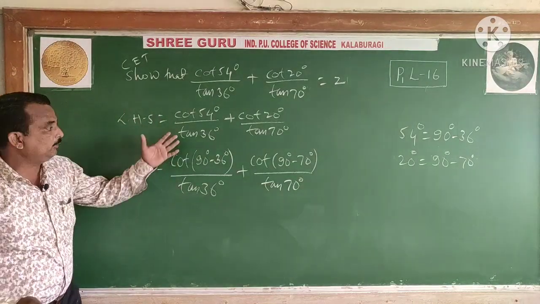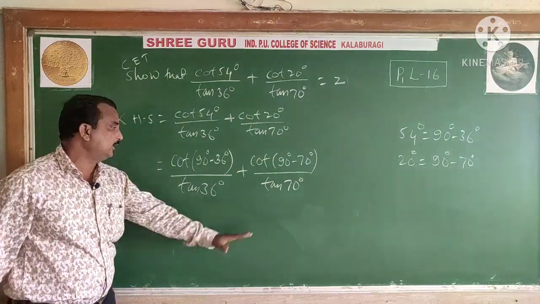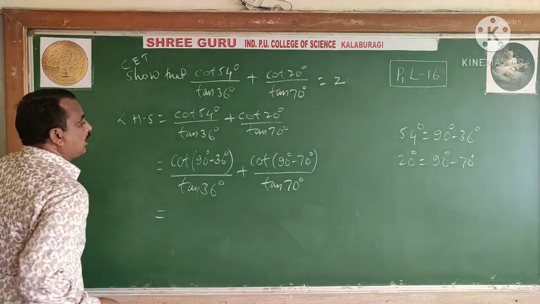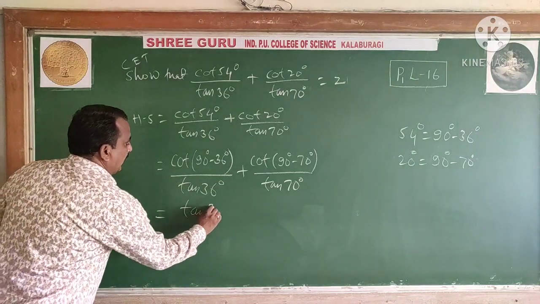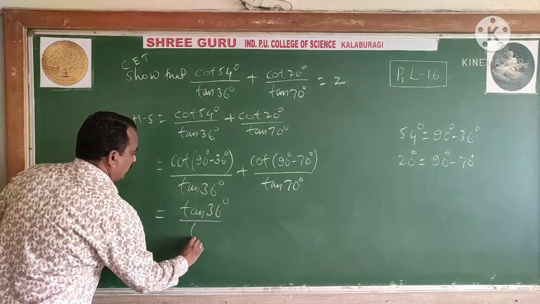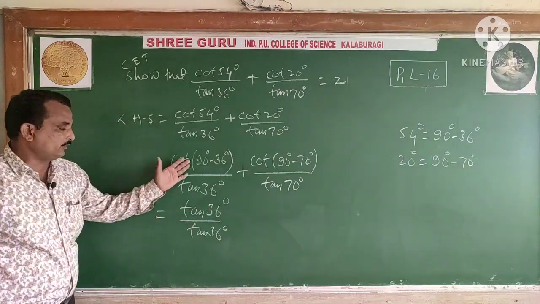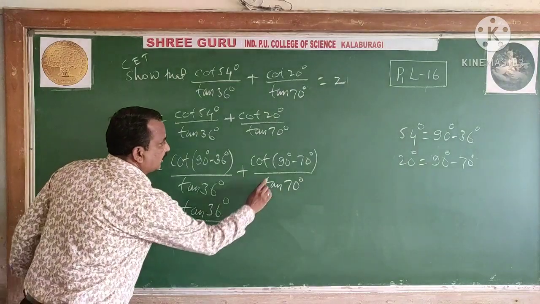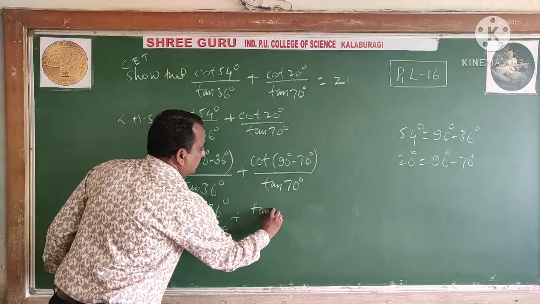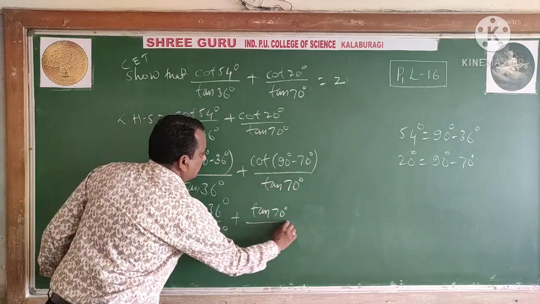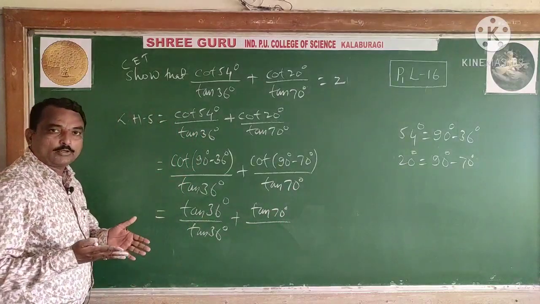Not converting both; either the numerator or the denominator, students. So cot changes to tan. Tan of 36 degree is the denominator. First quadrant, positive. Cot changes to tan. Similarly in the second term also cot changes to tan. It becomes 70, the same angle. The thing is that you have to convert to the same angle.